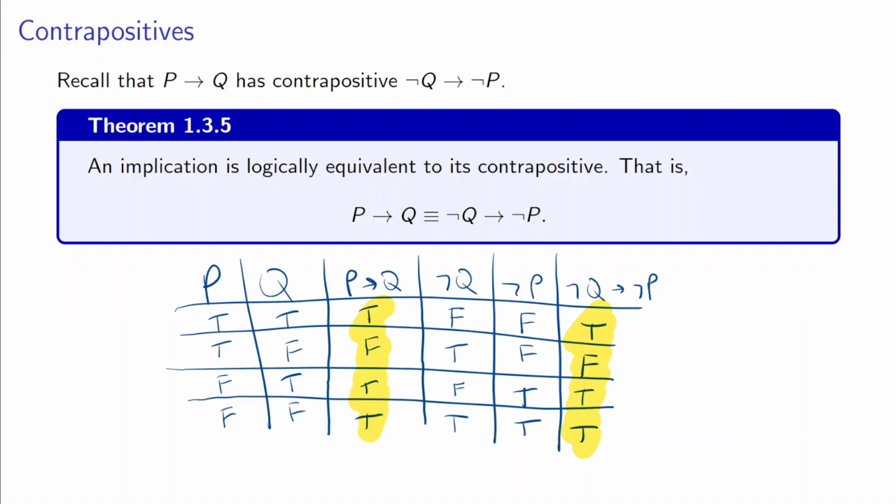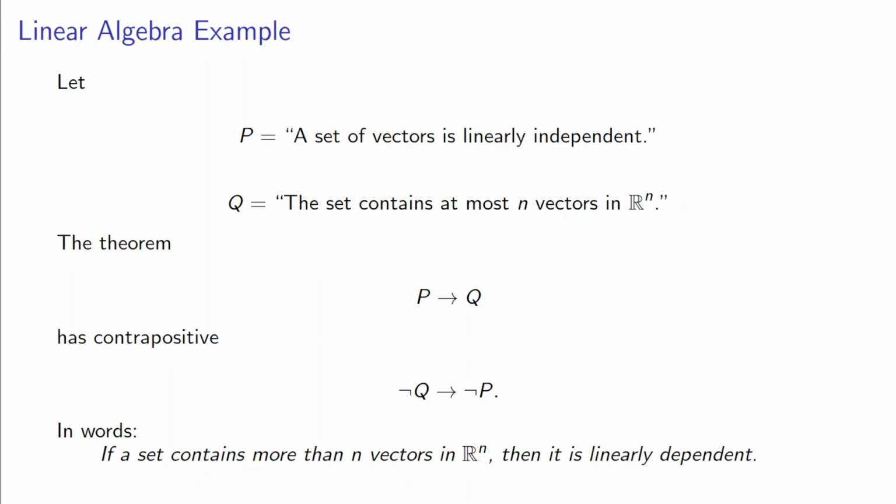And this is going to lead to a really useful and common proof technique known as proof by contrapositive. So an example you might see in a linear algebra class, suppose statement P says a set of vectors is linearly independent. Q says the set contains at most n vectors in Rn.